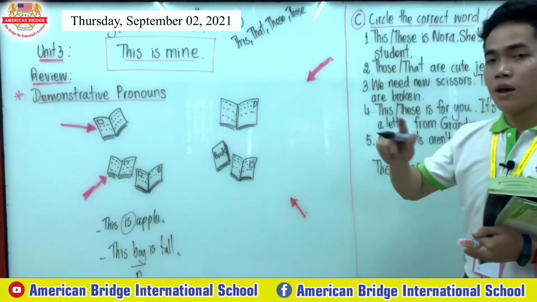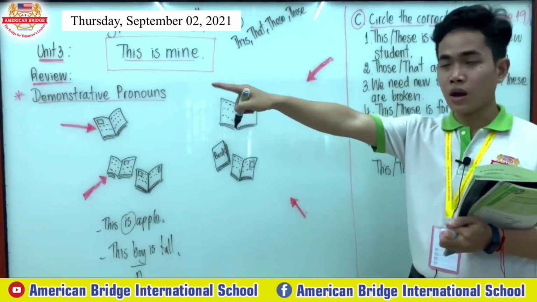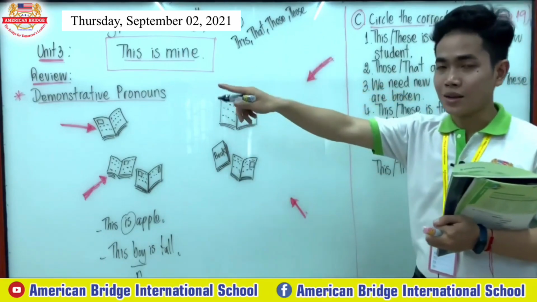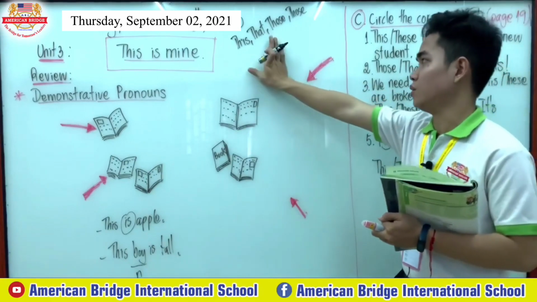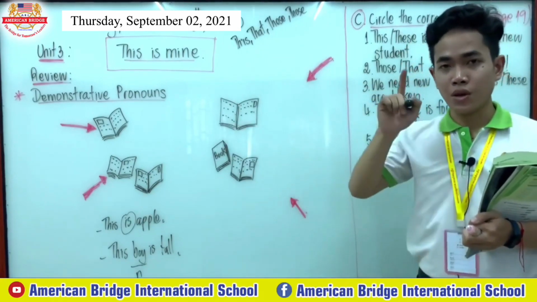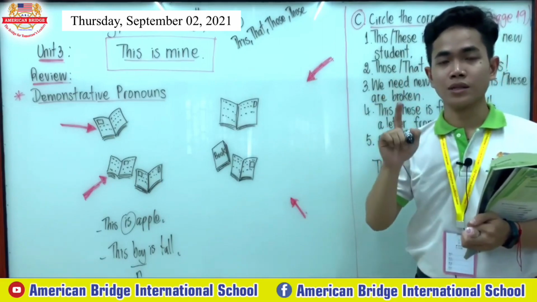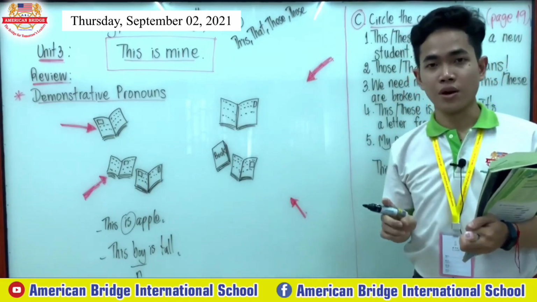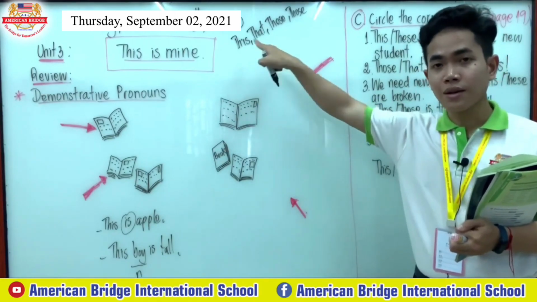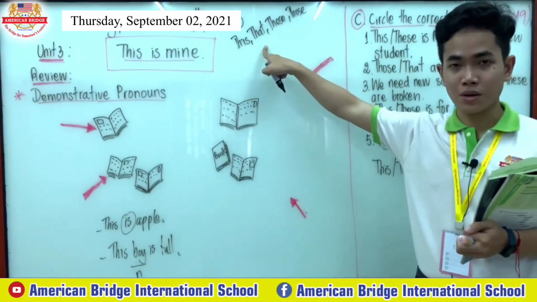For example, this is a door, sorry, that is a door, right? So this and that we use with a singular noun only. Again, this is near to the speaker, that is far from the speaker.